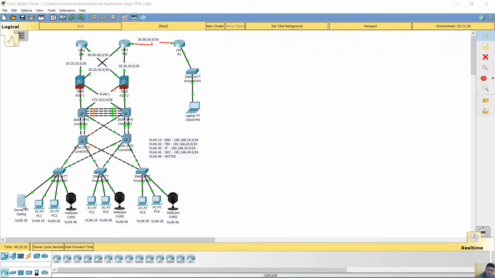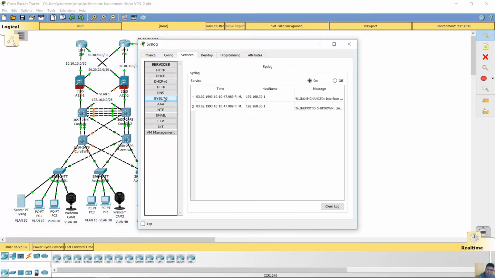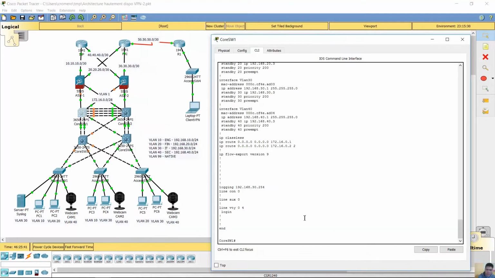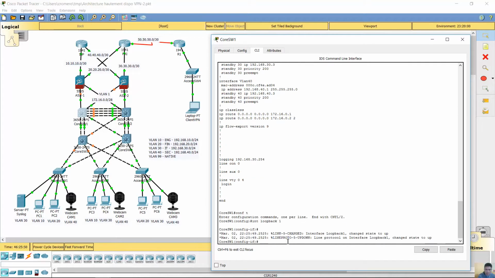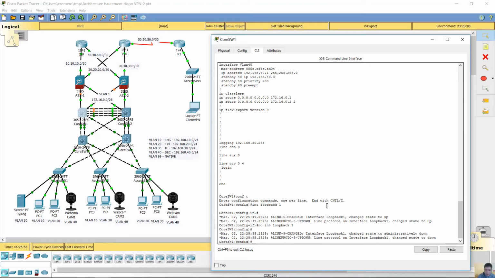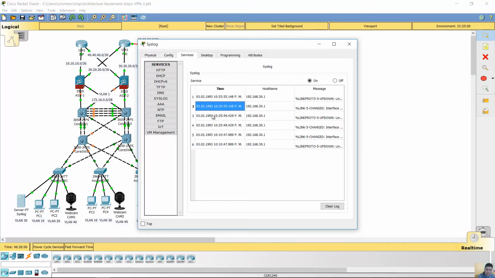To test the logging server, you need to access the syslog service, and you can test creating a loopback interface, loopback 1, and removing the created interface with no interface loopback 1, and you will see the log on the server.